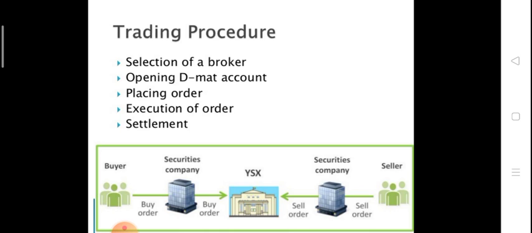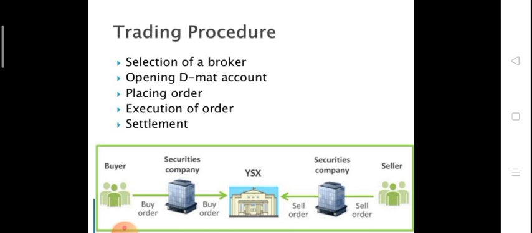According to that picture, there is a buyer who wants to buy securities, then he gives an order to the security company, then the security company goes to the stock exchange or any company, and then he buys that security.